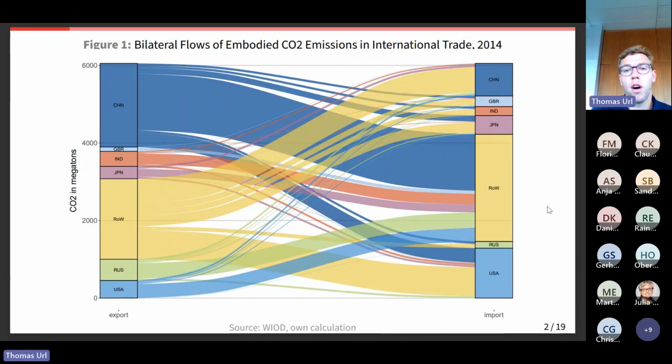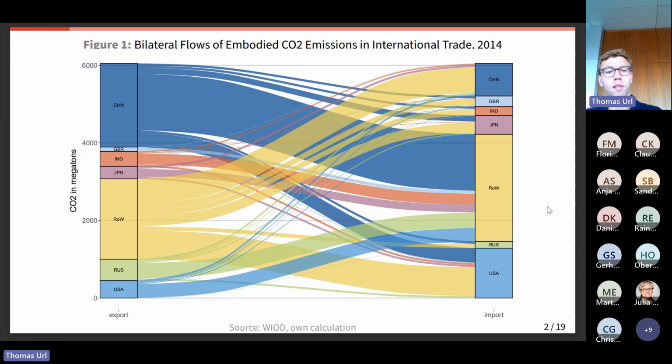These are the embodied emissions in international trade. This is for the 6 countries with the largest embodied emissions in exports. Together they account for 66% of embodied emissions in trade, but only 53% of their imports.